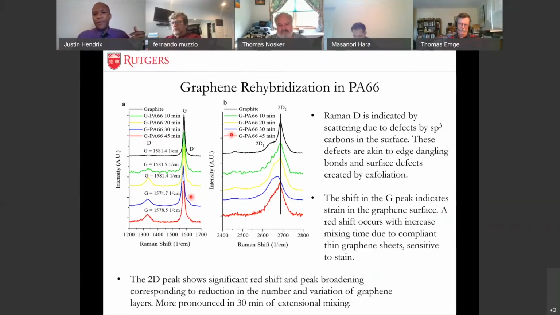Now, the other thing that we're lastly going to talk about for Raman is our 2D peak. The one thing you want to take from here is that you have the 2D1 and 2D2. For graphite, you have that big 2D peak, and you can see that it shifts and broadens as mixing time increases. When you have multi-layer graphene, these phonon modes split into four modes, leading to that 2D slowly starting to increase.